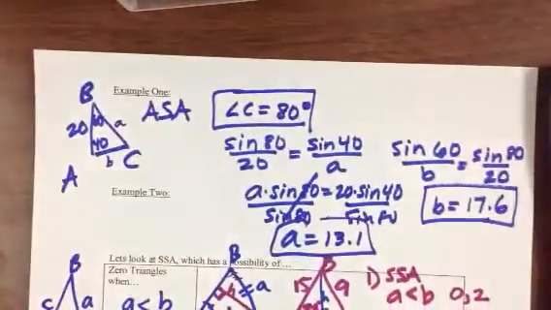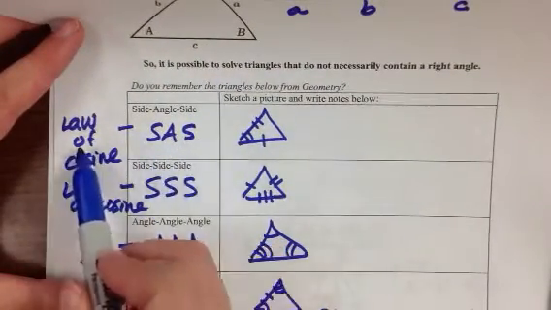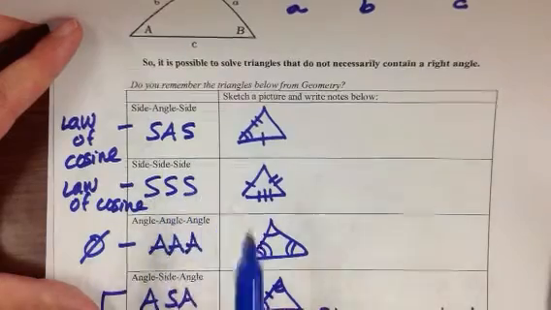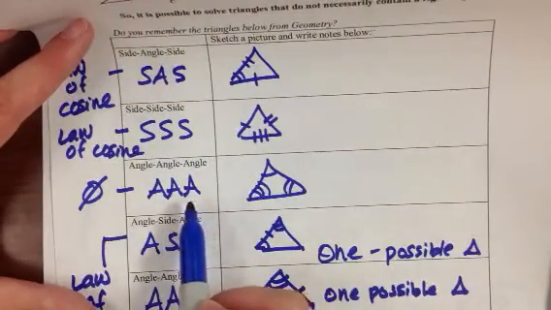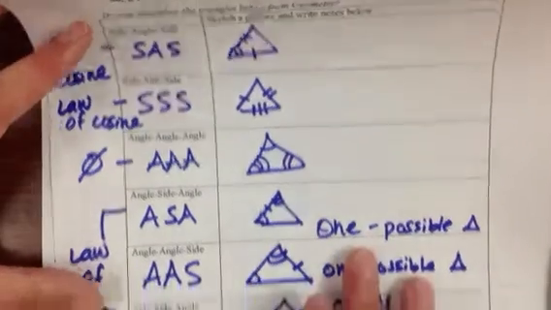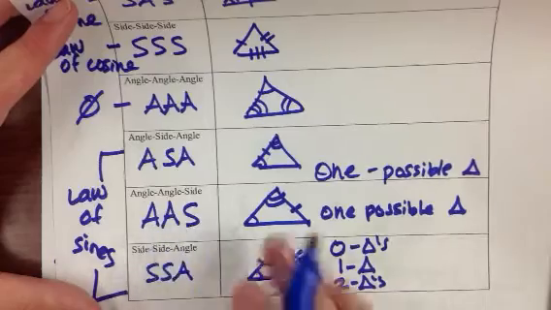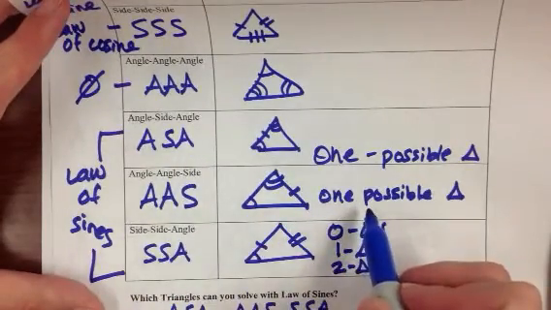Okay, so if we look back at my original sheet, if we have side, side, angle... sorry, if we have side, angle of a triangle, it's going to be law of cosine along with side, side, side. Angle, angle, angle, we cannot figure out the side dimensions because if we have no sides for the outer lengths, we're not going to be able to figure out the rest of the triangle. Angle, side, angle, and angle, angle, side will always give me one possible triangle.